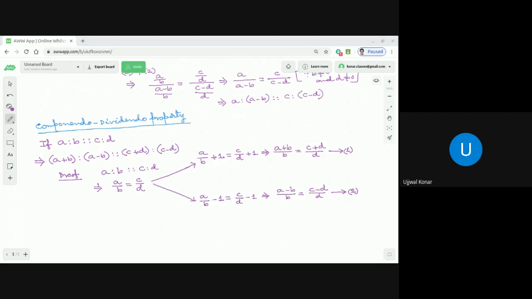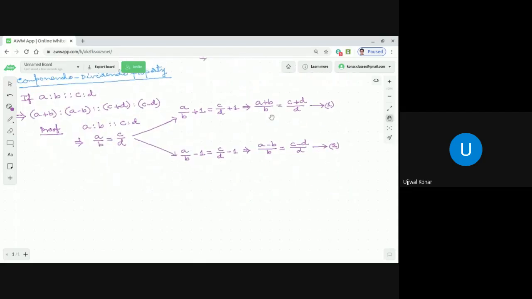Then what we are going to do, dear students, is that the corresponding sides of equation 1 are divided by the corresponding sides of equation 2, both sides. So in simple terms, the left hand side of equation 1 will be divided by the left hand side of equation 2, and the right hand side of equation 1 is divided by the right hand side of equation 2.